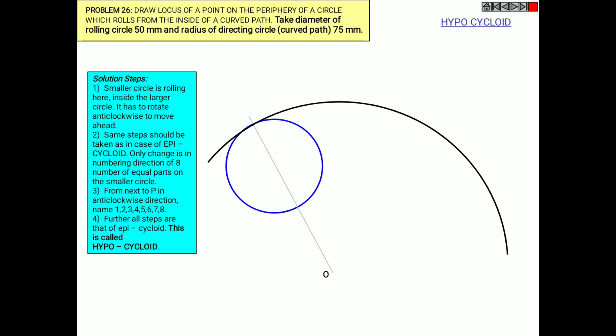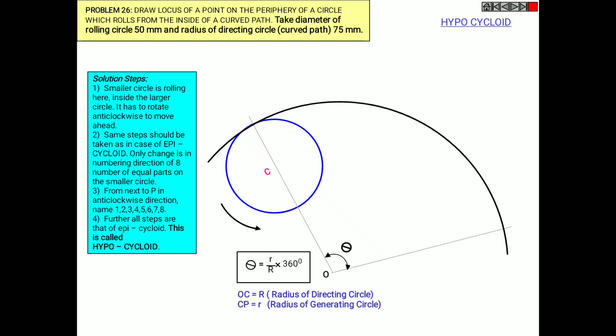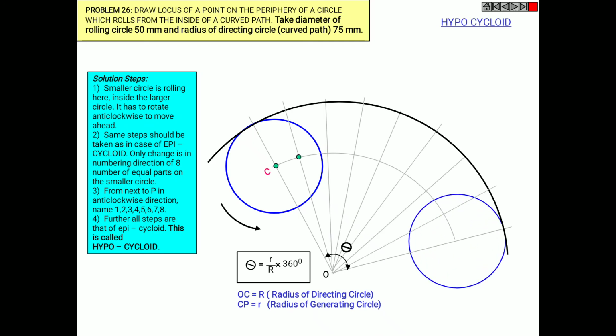Okay, this is your directing circle. Instead of making the rolling circle on the outside, we are making it on the inside. This is the difference. The other difference is dividing the circle into 8 equal parts and mentioning the points in anti-clockwise order, and the rest is the same.